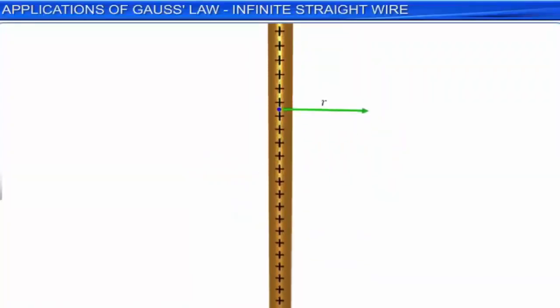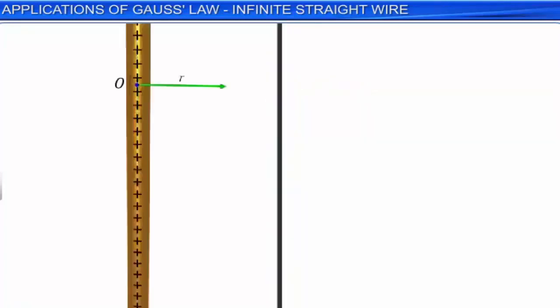Now let us calculate the electric field strength due to the charged wire at a point which is radially at a distance r from the wire. In order to calculate the electric field strength due to the wire, let us consider a Gaussian cylinder of radius r around the wire.